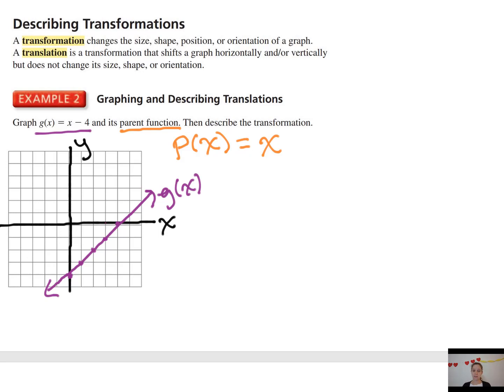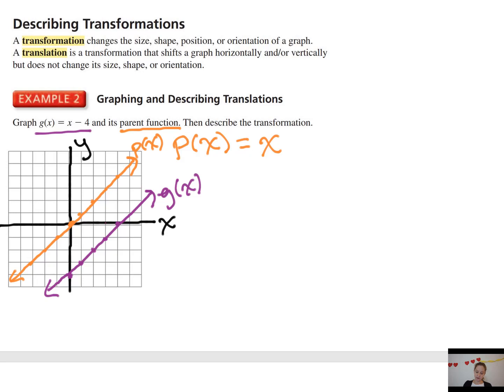Now p of x, the parent function x, has a y-intercept of 0, so it intercepts the origin, and the same slope, up 1, over 1. And here's my graph of p of x.